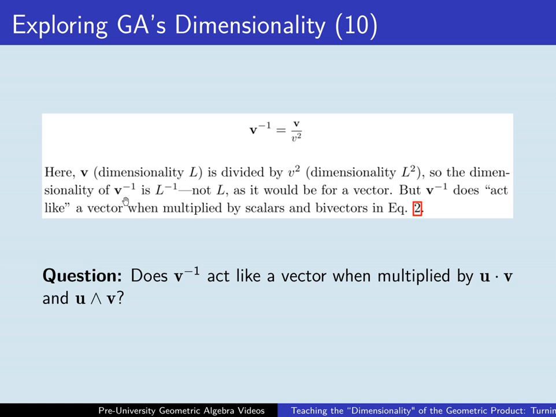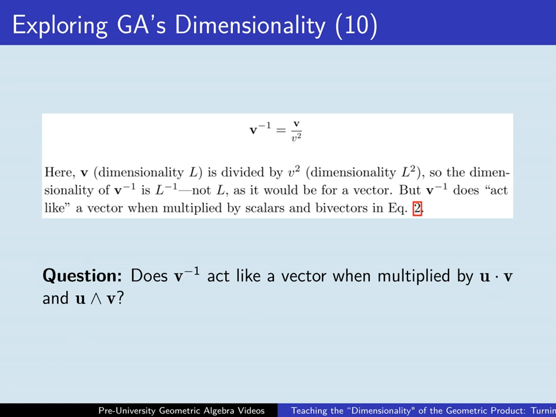So the dimensionality of v to the minus 1 is 1 over L, not L as it would be for a vector. But the inverse of v does act like a vector when multiplied by scalars and vectors and by vectors in equation 2. Or does it? Does it really act that way?